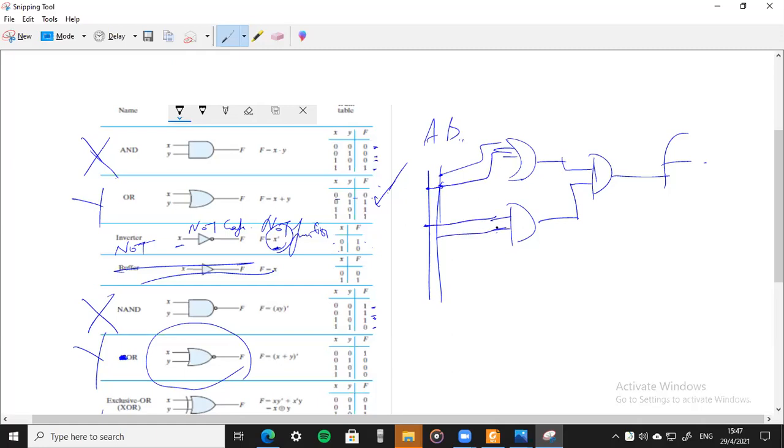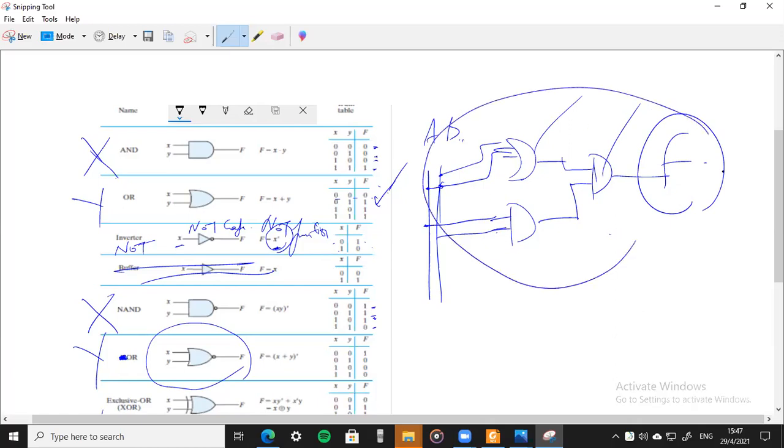You're given a circuit like this in symbols, you are asked what is the output. You need to know what this symbol represents, what is its truth table, what is the output. How do you find the output? You find it from the truth table. Once you understand what is the truth table, then you can combine all the outputs you have here to give only one output.